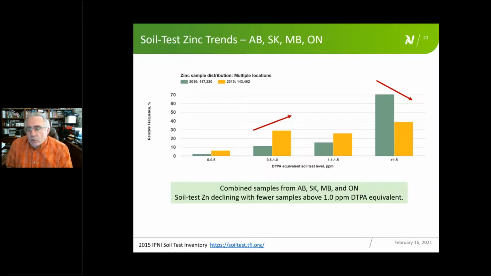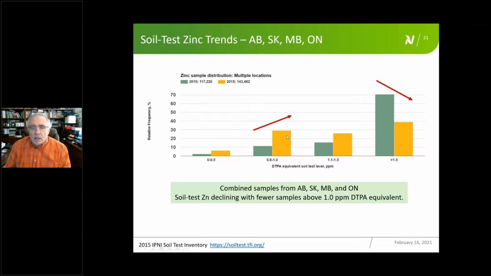And I guess what strikes me is, while there weren't a high percentage of the samples showing deficiency, when I look at this graph, we have a pretty sharp decline in that 5 years from 2010 to 2015 in soils containing adequate zinc, and a sharp increase in the soils here on the deficient end, below 1 part per million DTPA. So just something to keep in mind as you take a look at your soil tests and evaluate nutrient requirements, because we don't want to slip too far down into this range. We'd like to maintain somewhere.